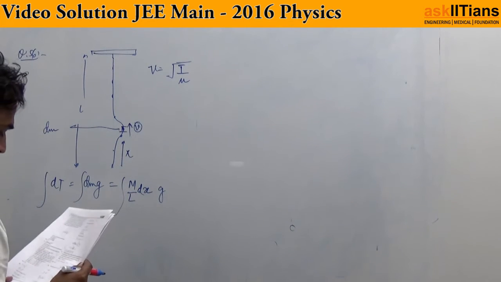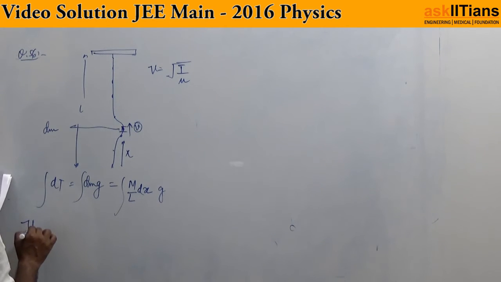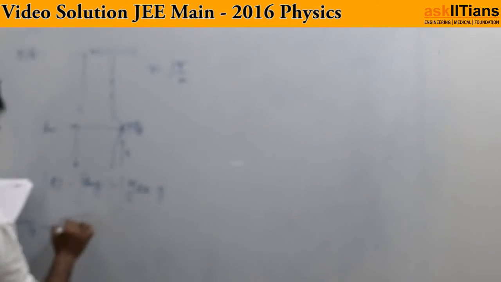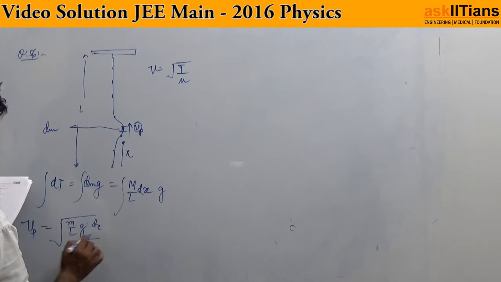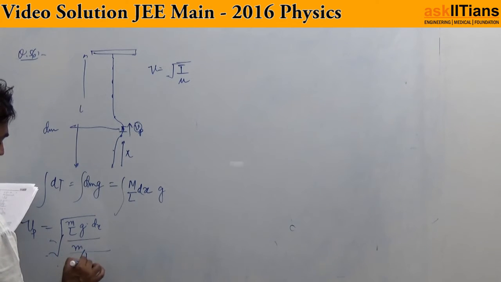When we want to calculate the velocity at point P, Vp is equal to under root of (M/L) g dx divided by the mass per unit length.